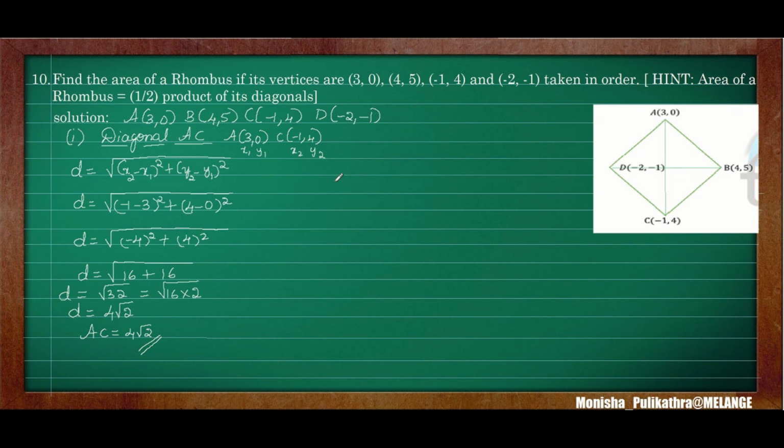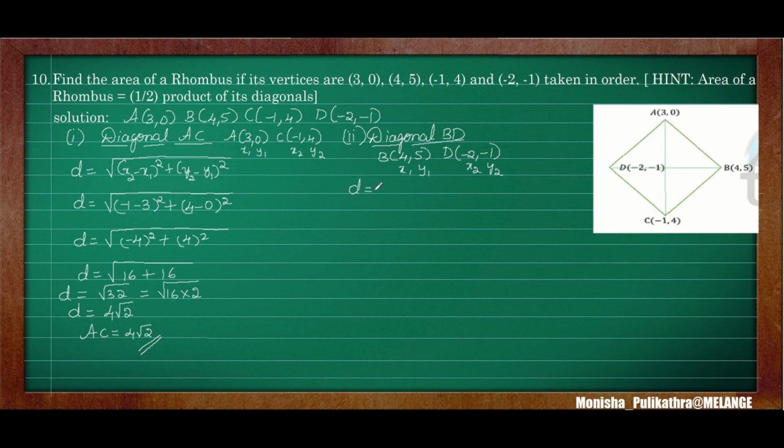Okay. So next, what we have to find out? We need to find out diagonal BD. So here B is 4, 5 and D is -2, -1. So this is x1 y1 and this is x2 y2.